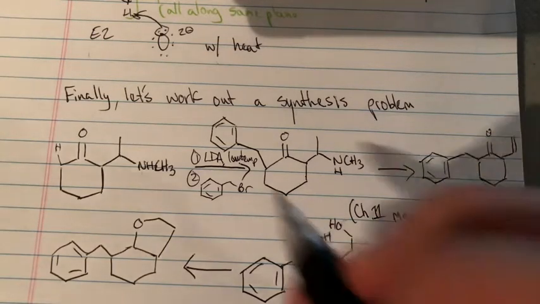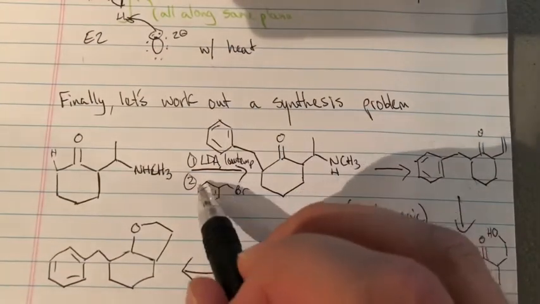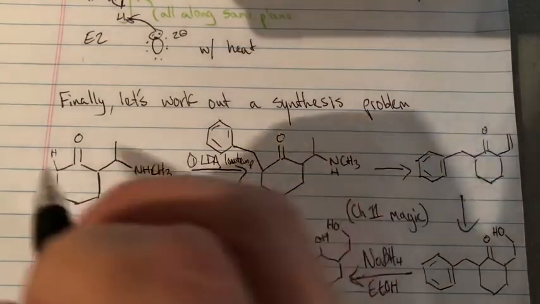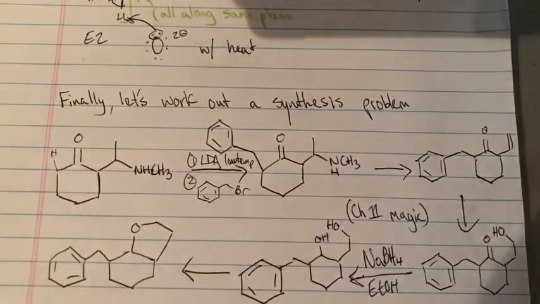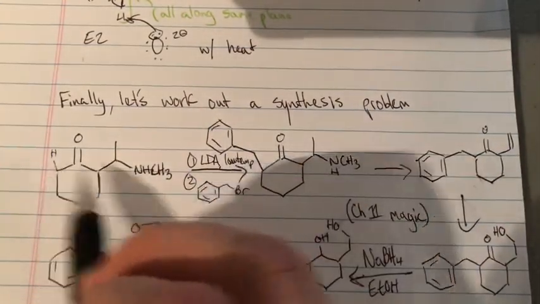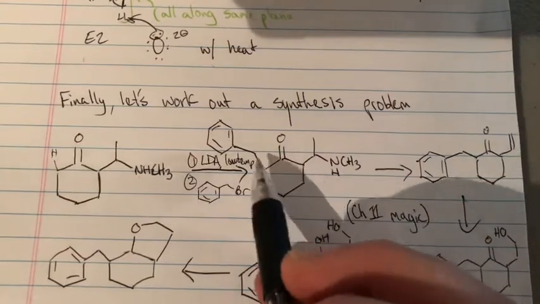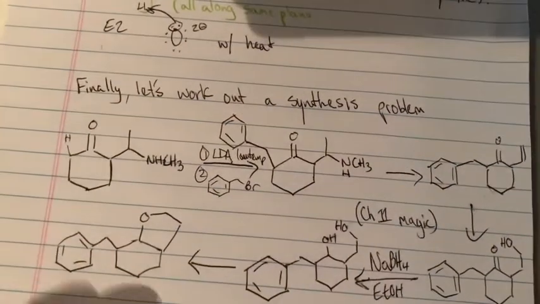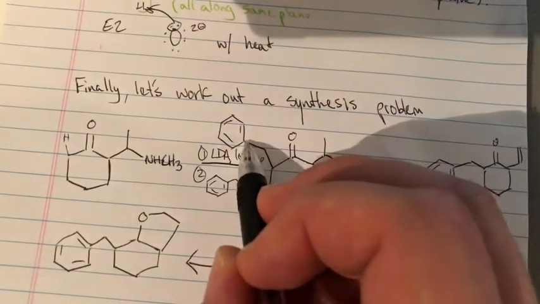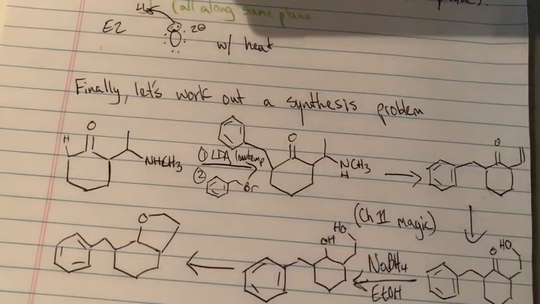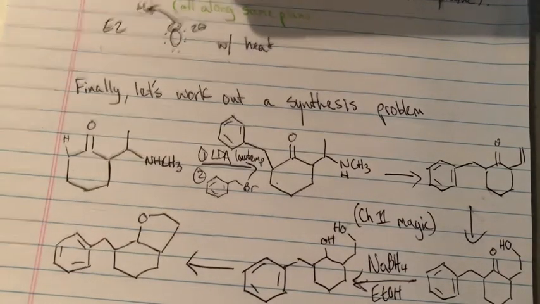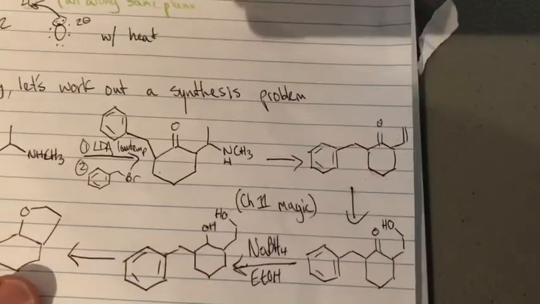All right, so the second step would just involve this kinetic enolate to attack this very formidable electrophile, and in turn you would get this benzene ring that's hanging off of a methylene group that's attached now to this cyclohexanone derived ring.